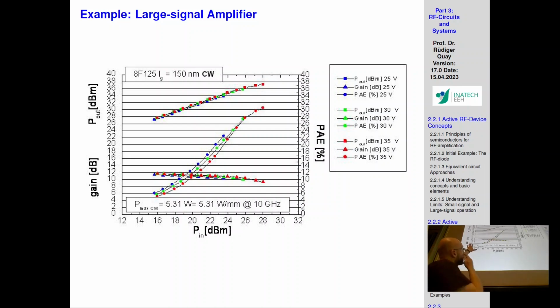Here we have plotted three parameters. As I said, the output power, the gain, and the power added efficiency. The power added efficiency is this curve that goes linearly and then starts to saturate in the upper part. That's the one depicted in circles. And we can see that the efficiency of the power device is being measured at three different voltage points: at 25 volts, at 30 volts, and at 35 volts. And what can we see?